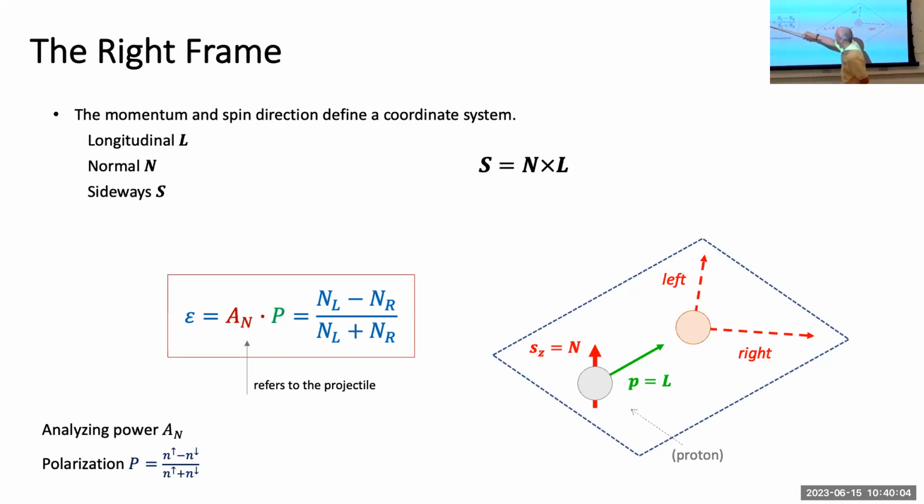And this AN really tells you that the experiment has a left-right asymmetry with respect to the normal beam polarization. There could be other beam polarizations. The beam polarization could be longitudinal, that would be an AL, or sideways, that would be an AS, but we always talk about the left-right asymmetry in our scattering plane.